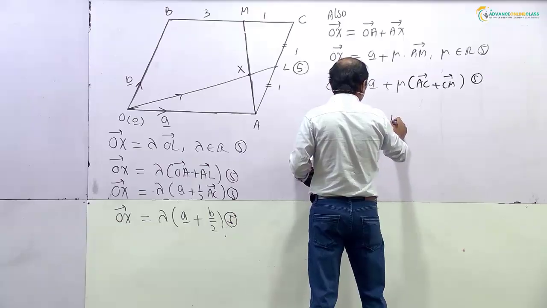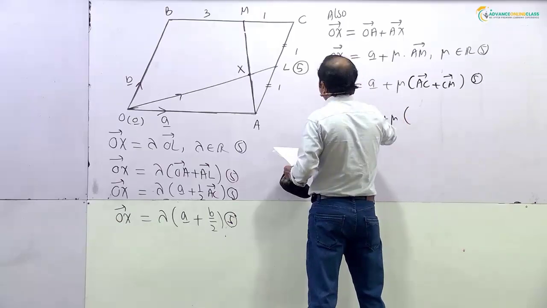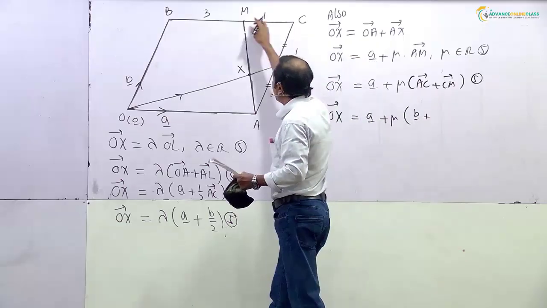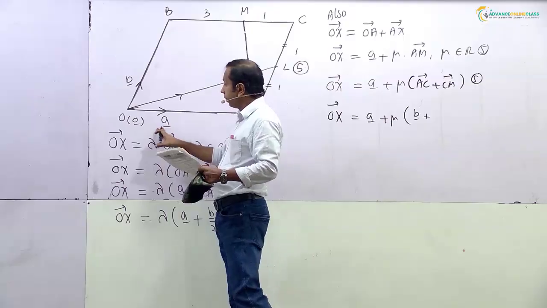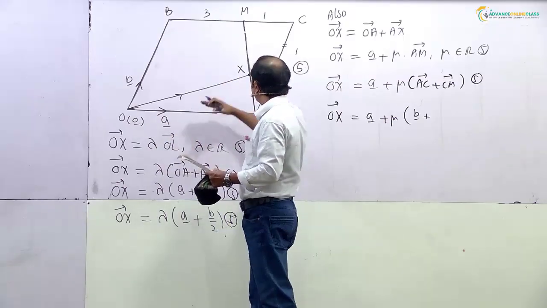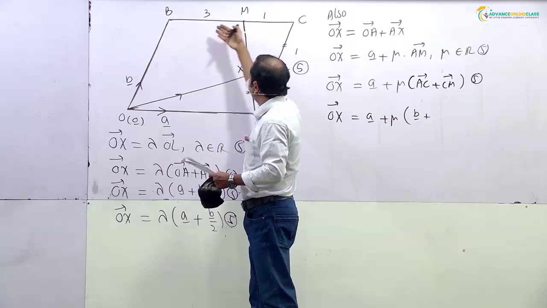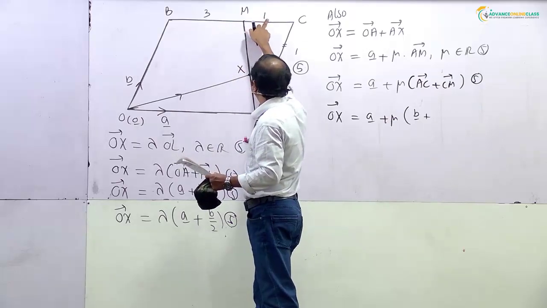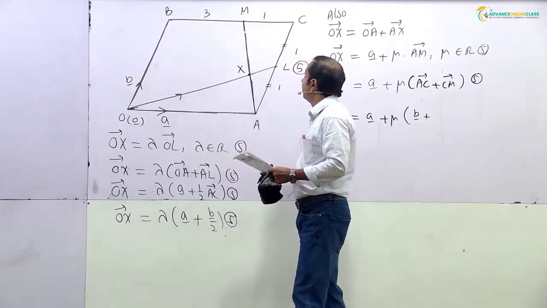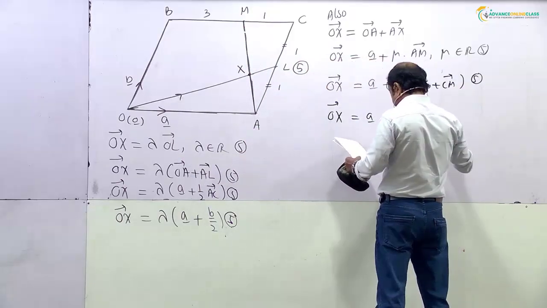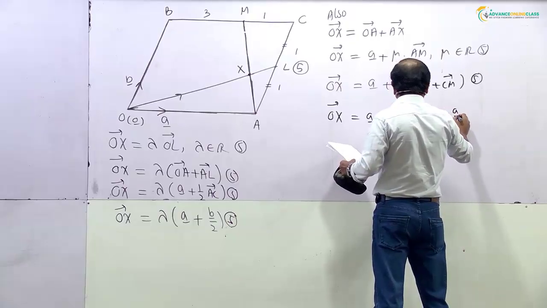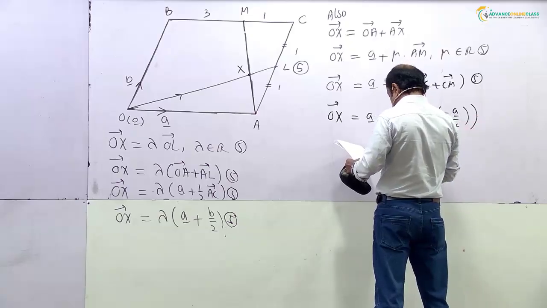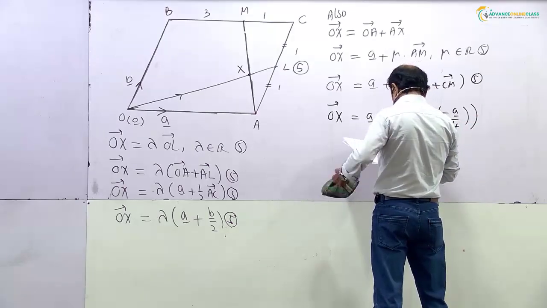Simple A plus mu times AC vector means simple B. CM vector means CB vector is minus A, no? OA is simple A vector. In the reverse direction, it is CB, minus A. Then that CB vector is minus A, but M divides that in the ratio 1 is to 3. Then CM vector, we can write how? Minus simple A vector divided by 4. Okay. For this other 5 marks.